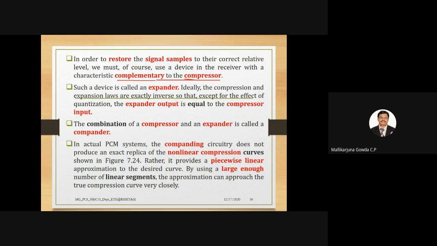Such a device is known as the expander. So we do compression at the transmitter side, and we need to do expansion at the receiver side.